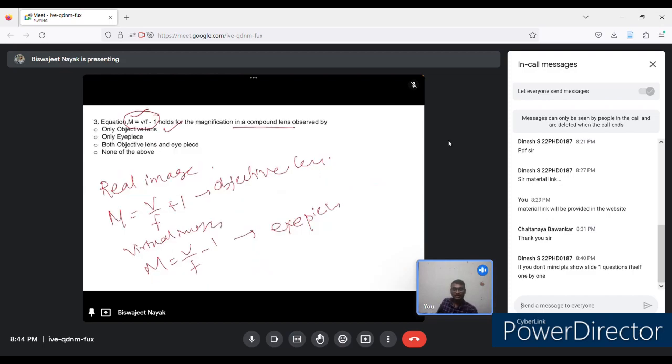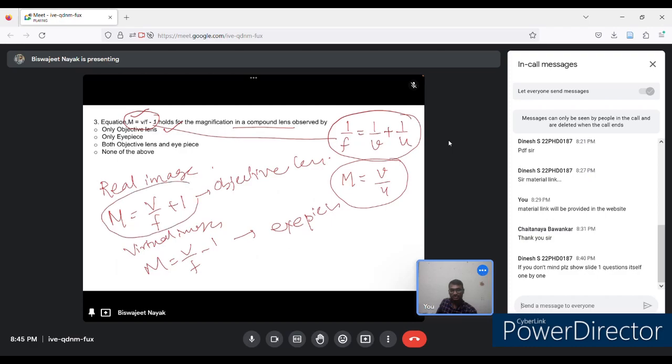Actually, during the derivation from the lens equation, the lens equation is given as 1/f = 1/v + 1/u. From this equation and the magnification equation m = v/u, you solve these two equations. Then you will find two equations: m = v/f + 1 and m = v/f - 1.